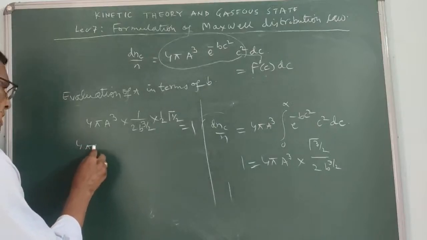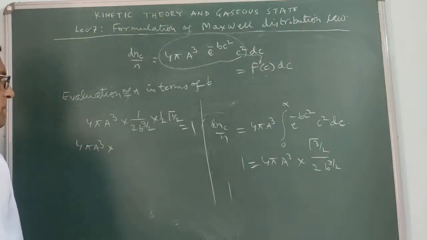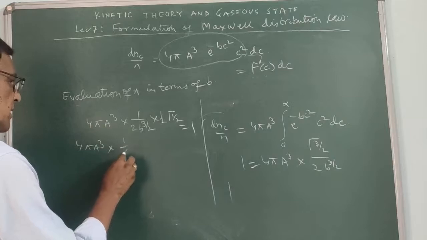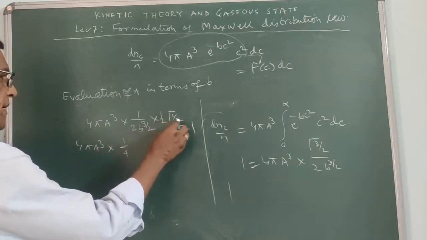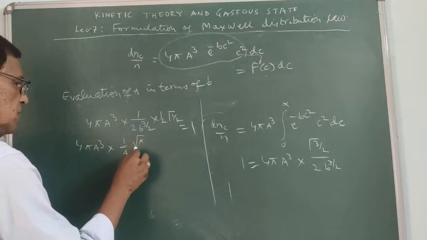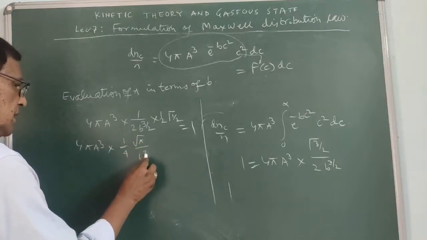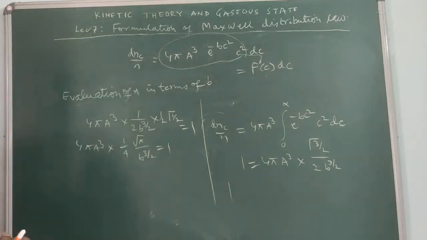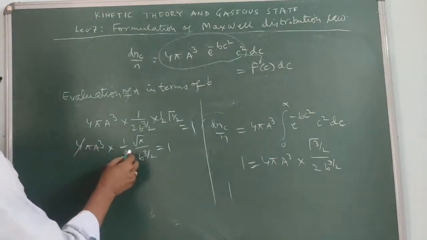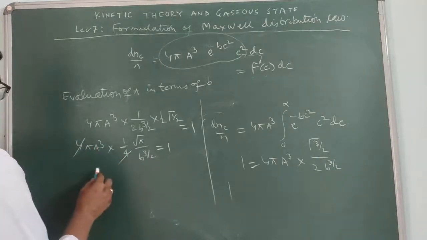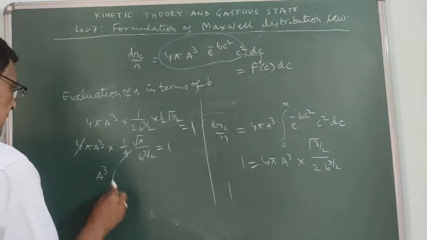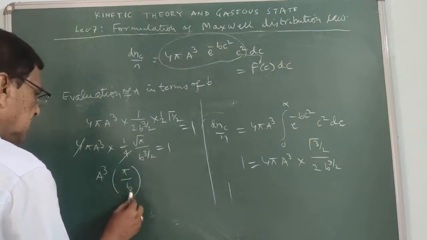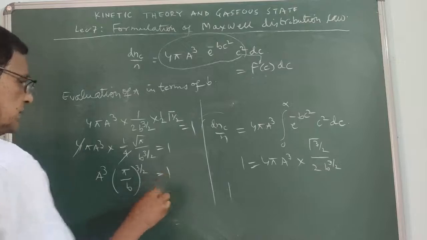So 4 pi a cube, 2 and 4 will cancel, leaving 1 by 4 and gamma half, which equals root pi. So 4 cancels, and so a cube, and here pi and root pi means pi by b to the power 3 by 2 equals 1.